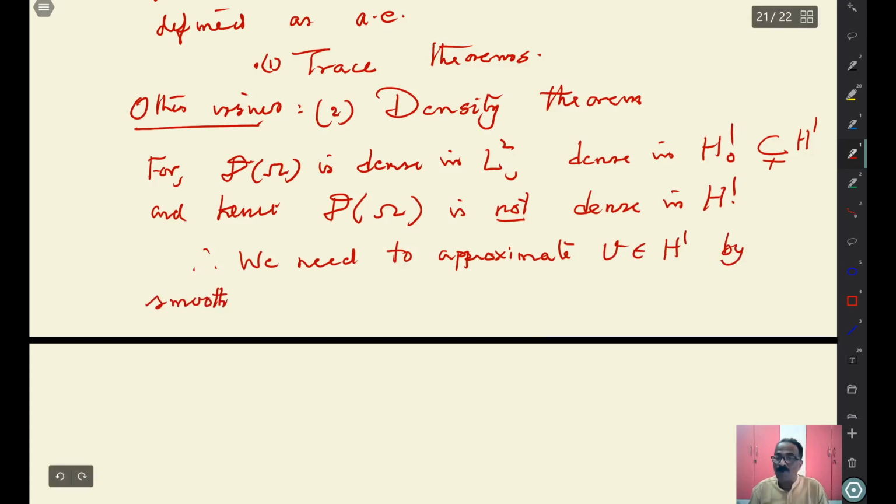With compact support you can't do it, because you already get all the elements of H1 naught. So this is not very easy, but you need to have this. This is the calculus you have to develop.